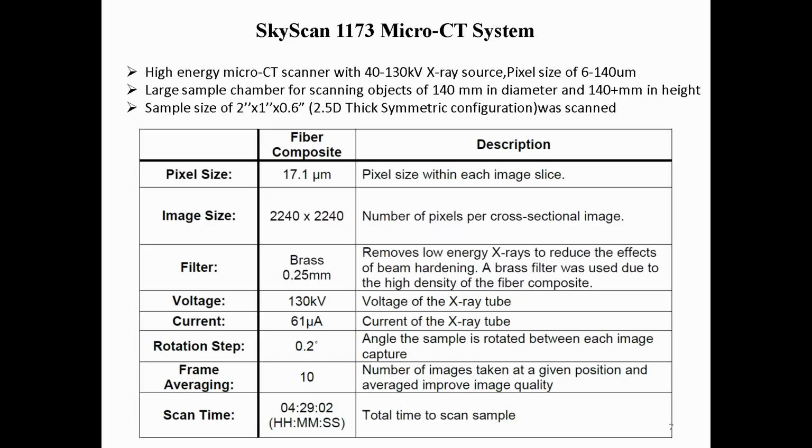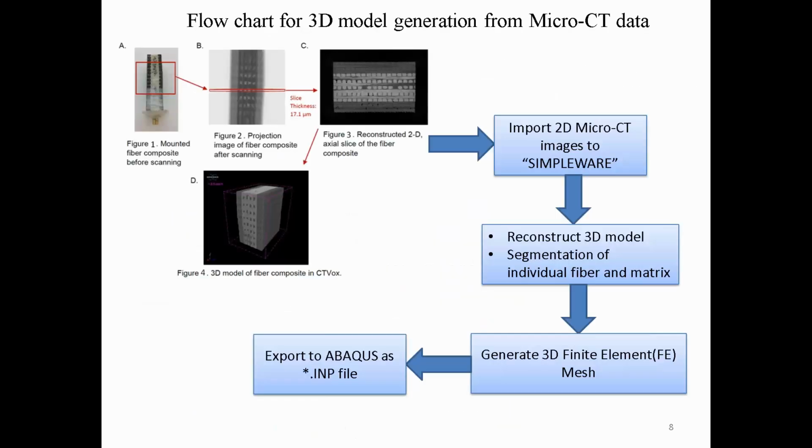So when you get the CT images, the scanning images, and the materials have a density difference within a very close margin, the grayscale is a challenging problem for you to differentiate between 2 different material systems. So we had to try different kinds of micro-CT scan machines to come up with good resolutions we can use in our model or analysis.